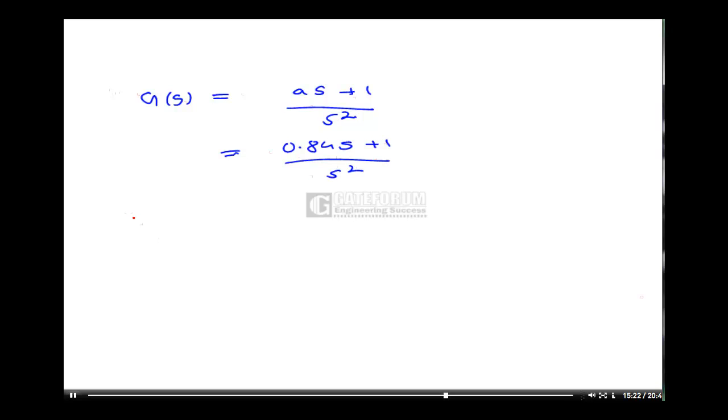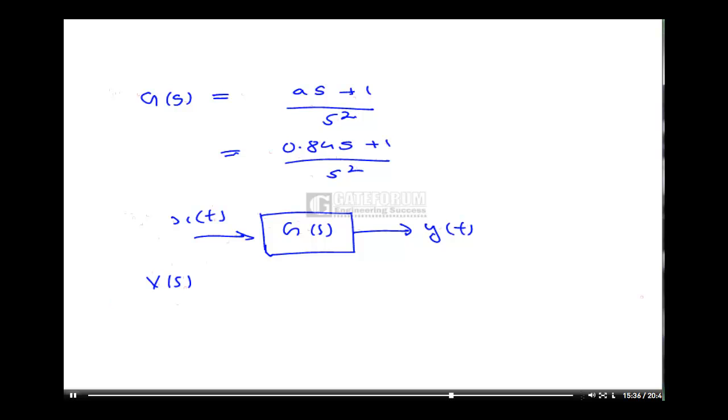Now suppose this is my x(t), G(s) and y(t). x(t) is given as the unit impulse, so my X(s) will be 1 because x(t) is delta t. Thus Y(s) is nothing but X(s) into G(s).